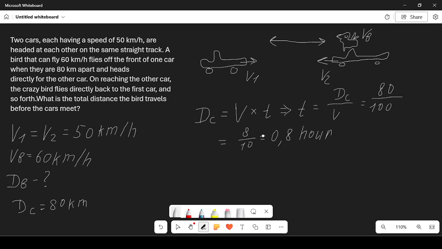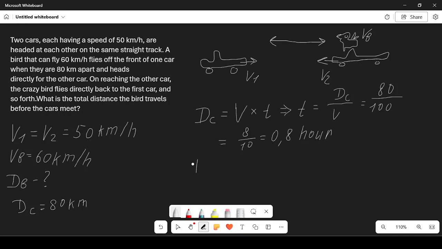So this is the time our cars have before collision, and the time our bird has for flying there, then back, then back, then back, to do this strange action of this bird. And they ask us what distance the bird is going to make before the meeting of the cars.